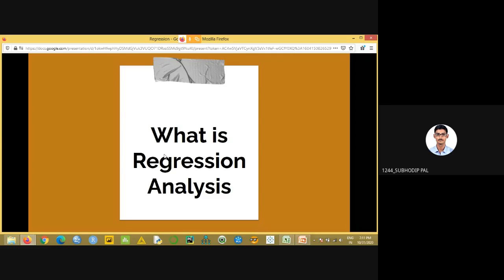Linear regression can be divided into two types: simple linear regression and multiple linear regression. In simple linear regression, there will be only one independent variable, right? Am I right? And what is the difference between simple linear regression and multiple linear regression?